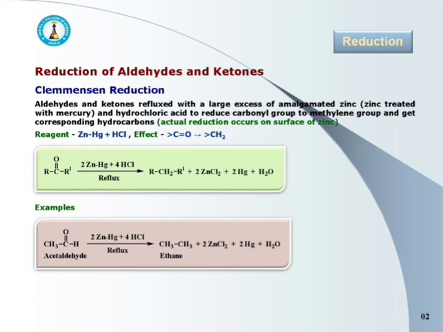See the first example. Acetaldehyde, when refluxed with amalgamated zinc and HCl, forms ethane. The carbonyl group gets converted to methylene.